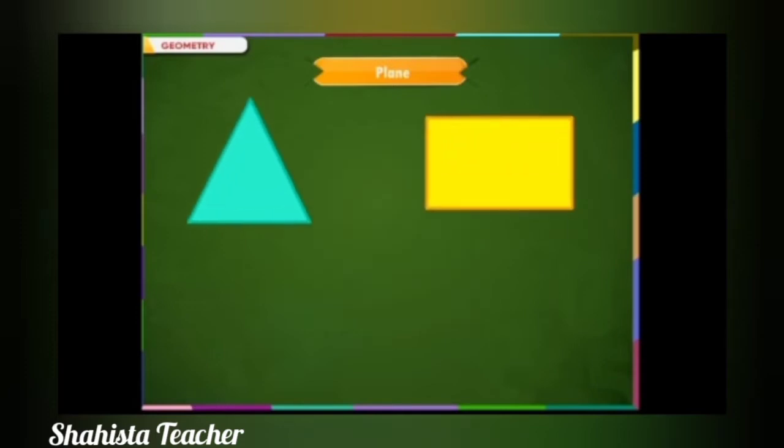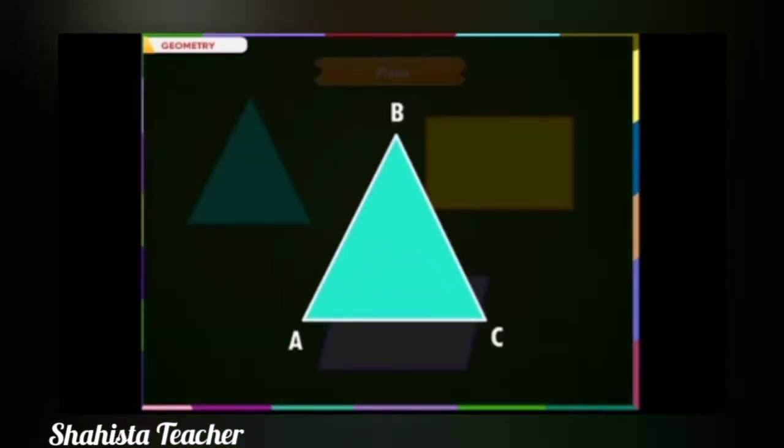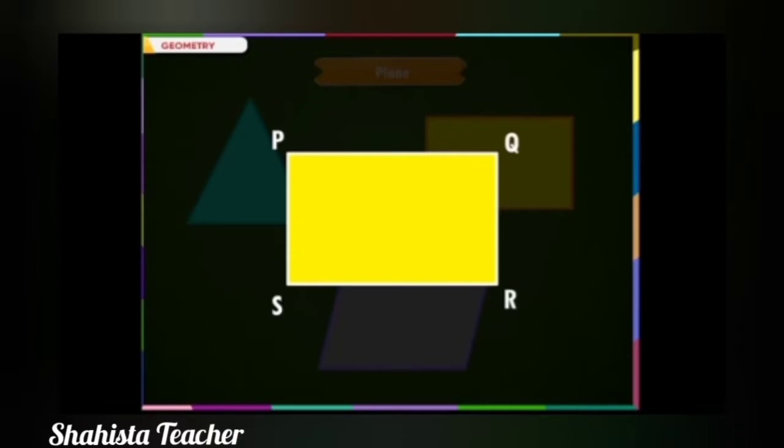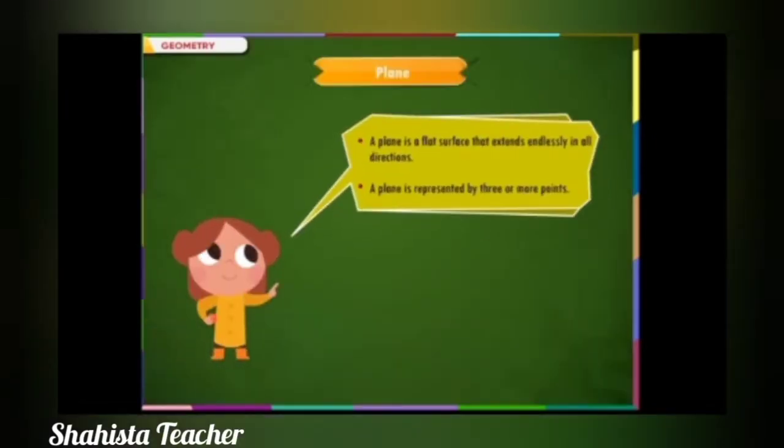Though the plane extends endlessly, for practical purposes we represent it by a portion. It may be represented in the form of a rectangle, triangle or parallelogram. We can represent a plane by 3 or more points which are not in a straight line. Remember, a plane is a flat surface that extends endlessly in all directions. A plane is represented by 3 or more points.